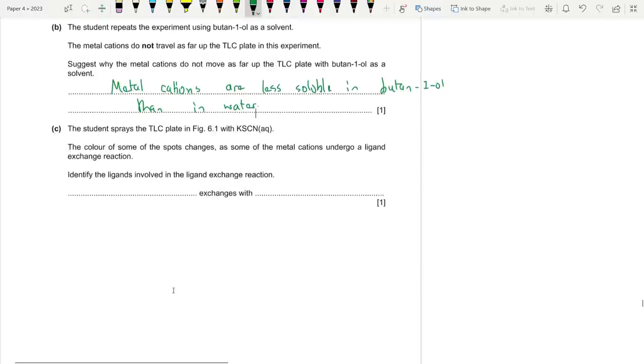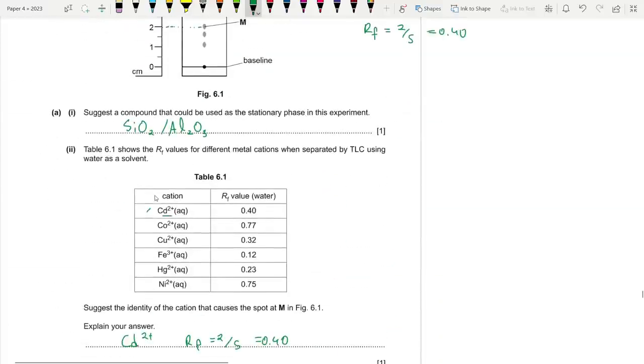The student sprays the TLC plate in figure 6.1 with KSCN. The color of some of the spots changes as some of the metal cations undergo a ligand exchange reaction. Identify the ligands involved in the ligand exchange reaction. So KSCN is potassium and SCN, the anion. What's the ligand with all these cations?